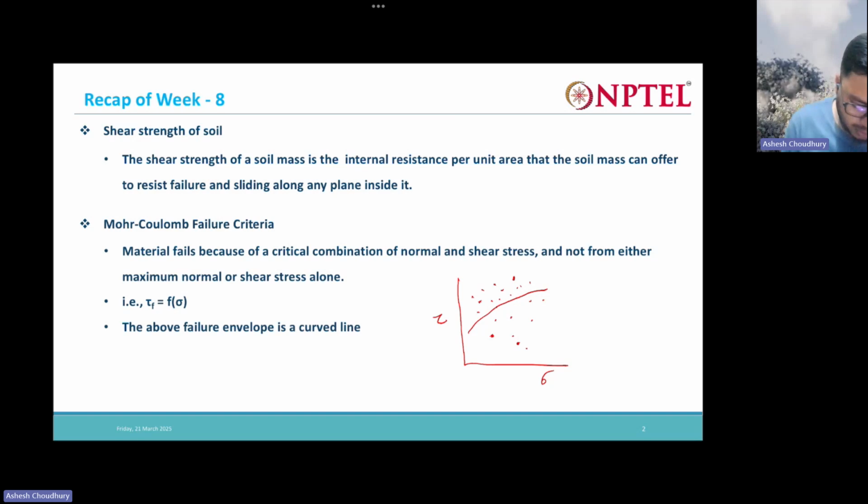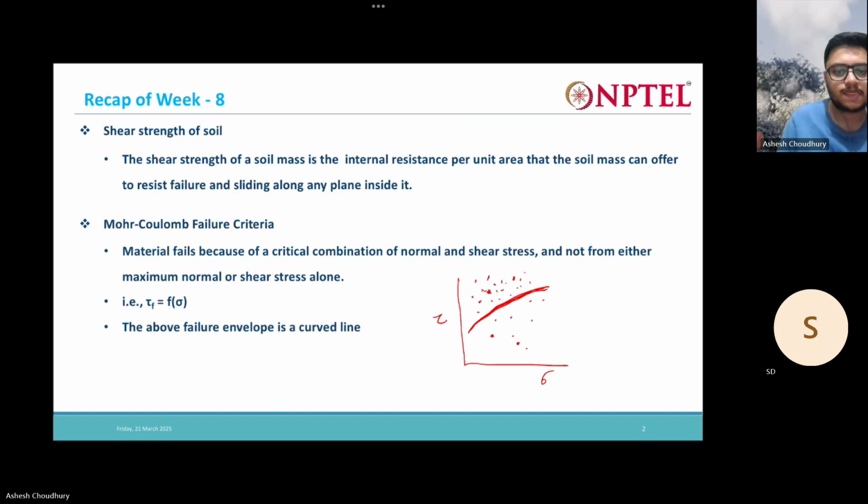But any point, any plane, cannot have a stress state where there is a combination of shear stress and normal stress that plots above that line, because this is the capacity of the soil. Okay, so we cannot have something more than the capacity.